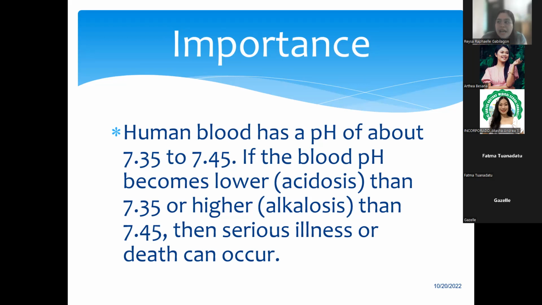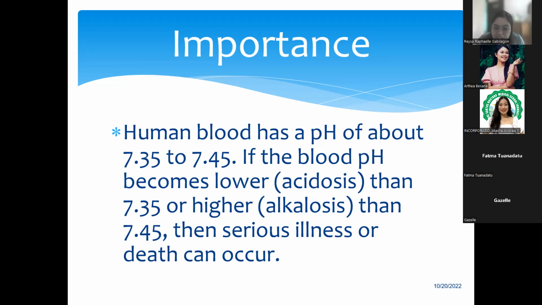Even our eye preparations, yung mga ophthalmic solutions natin na pinapatulo sa mata, class, yung mata natin have the same pH with the blood. It's 7.35 to 7.45. And if we are going to instill eye drops, class, we have to make sure that it has the same pH also with our eyes.